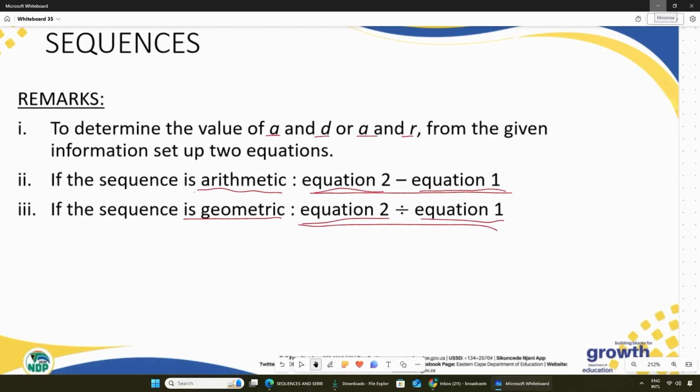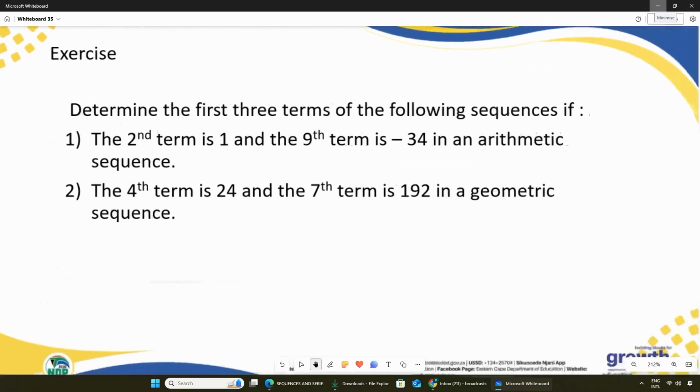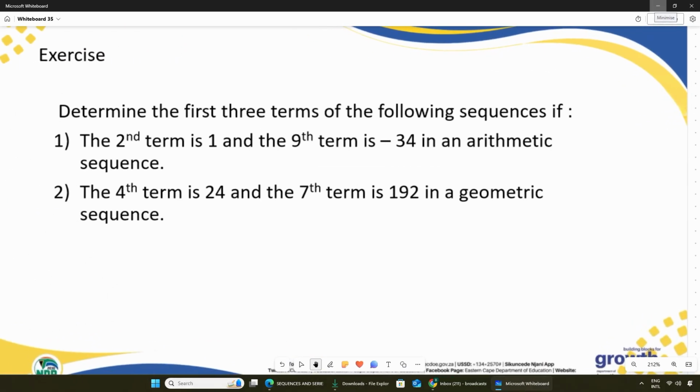Okay, that will be the end of our session. Now I'm going to leave you with a question. Determine the first three terms of the following sequence, if the second term is 1 and the ninth term is negative 34 in an arithmetic sequence. Grade 12, make sure that you read the question. Learners get excited when they are approaching these questions.